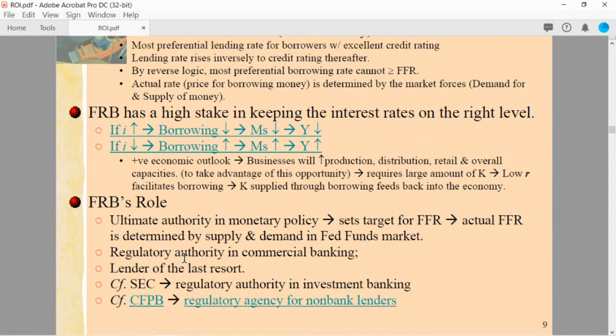So if commercial banks are in need of liquidity, that means they are falling short of cash, but they cannot borrow anymore from the overnight Fed funds market.